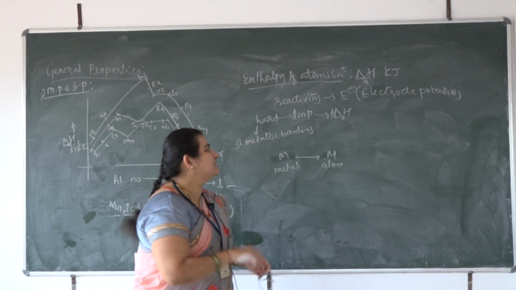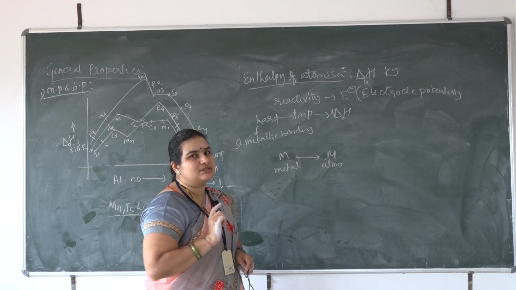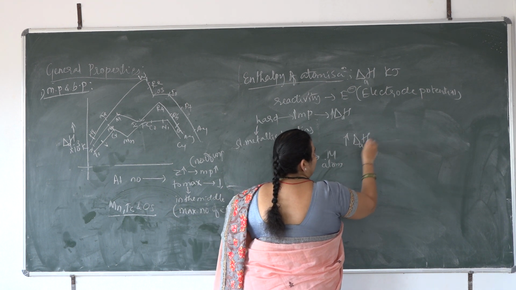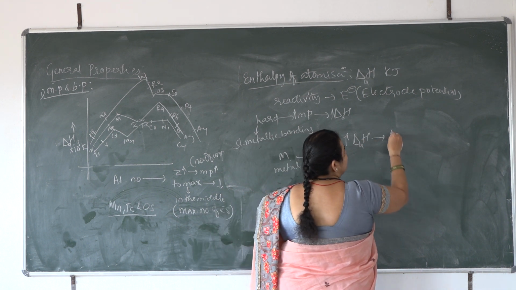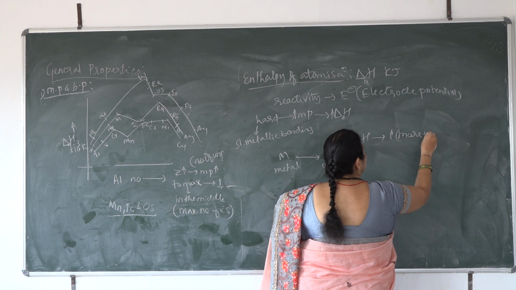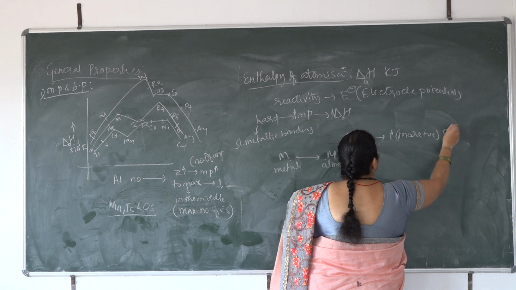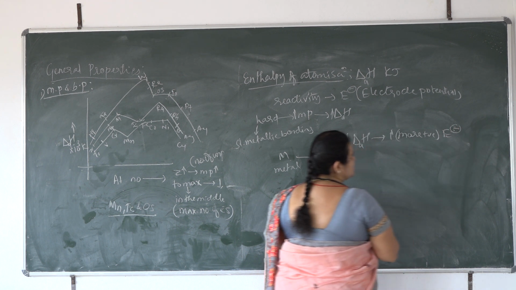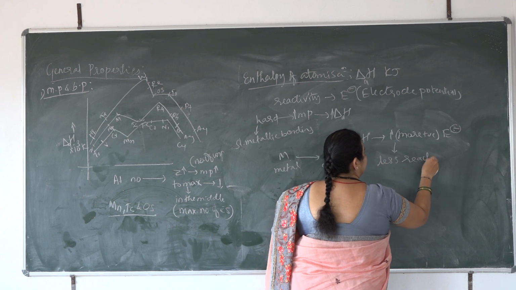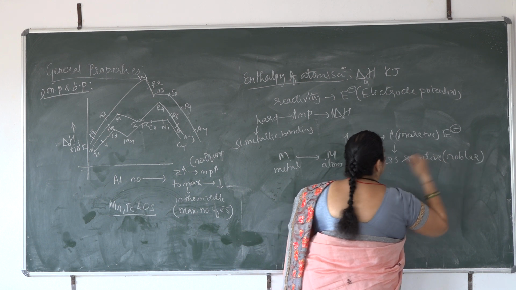So here one relation is that between reactivity and electrode potential, higher the enthalpy of atomization, higher or more positive will be the electrode potential. More positive will be the electrode potential, and hence less reactive will be the metal. Less reactive is also called by the name nobler.